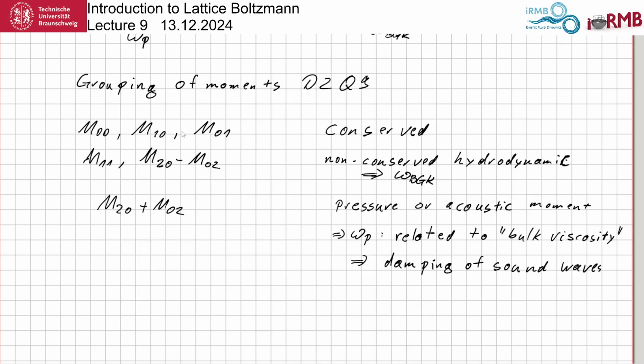So now we have 6 out of 9, means we have 3 more, and the 3 more that we have is M21 and M12. These are third order.